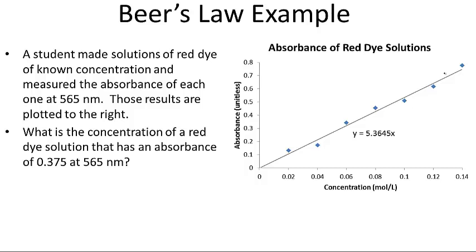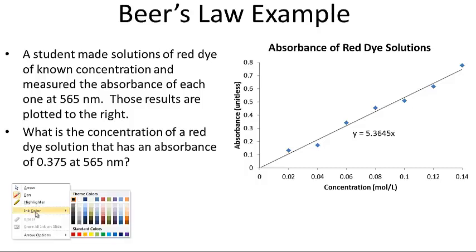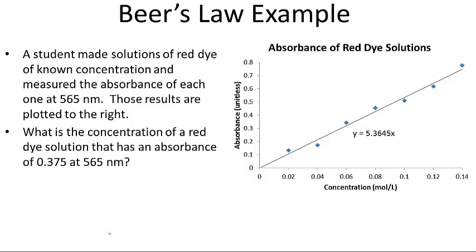All right, one way would be to use the graph and just draw lines. So absorbance is on this vertical axis. So what I might do is say, all right, 0.375 is about right here. And so if I trace that across to where it meets the line and then go down, I can get an estimate.